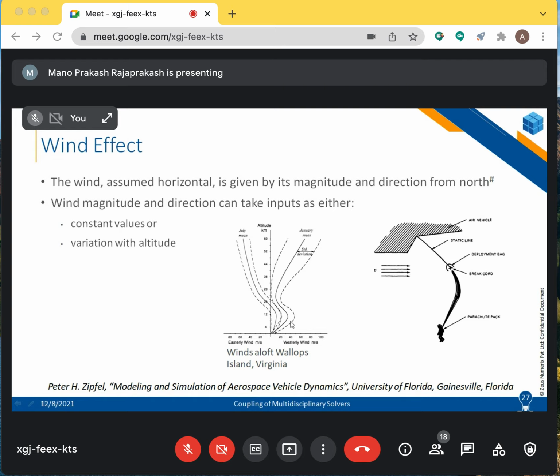On the right you can see the westerly winds, which have a completely different profile, and these are the easterly winds. Such capabilities are very important for us to predict certain events. And if we are able to predict, then it can also help us in controlling certain events. From that perspective, modeling this is very important.